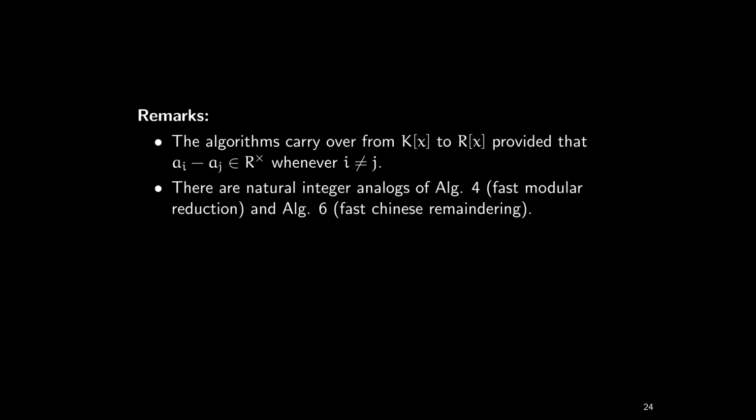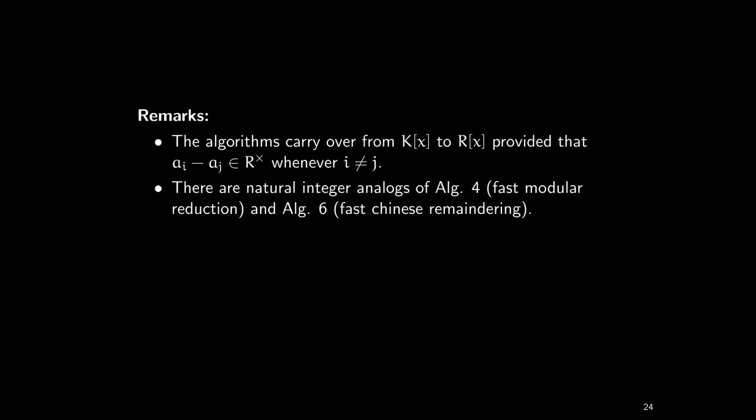Also, we have talked about polynomials today only, but there are also integer versions of these algorithms. As often, you can do many things that you can do for polynomials in the very same way also for integers. So you get an integer version of algorithm 4, which was the fast evaluation algorithm.